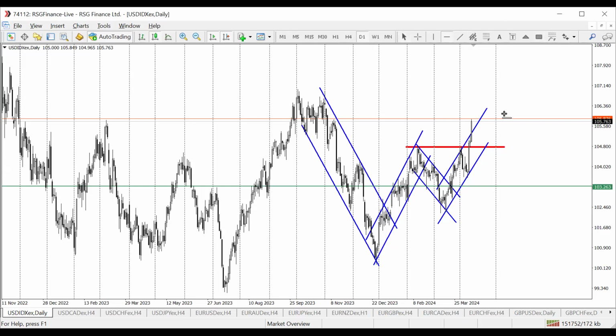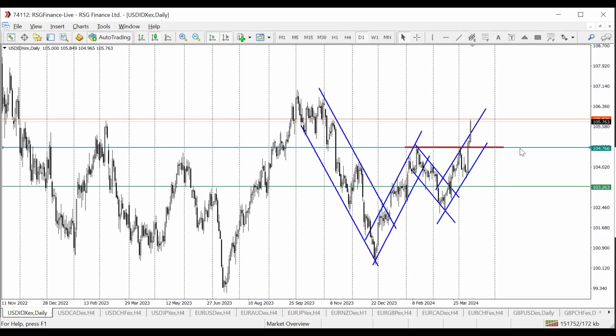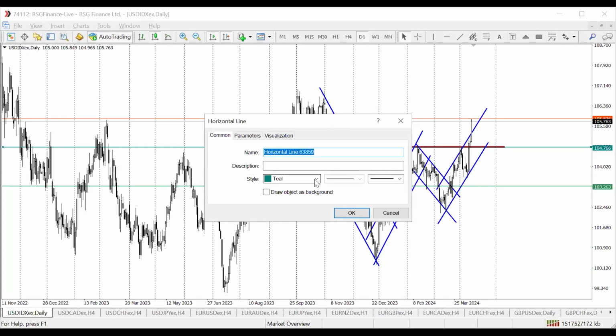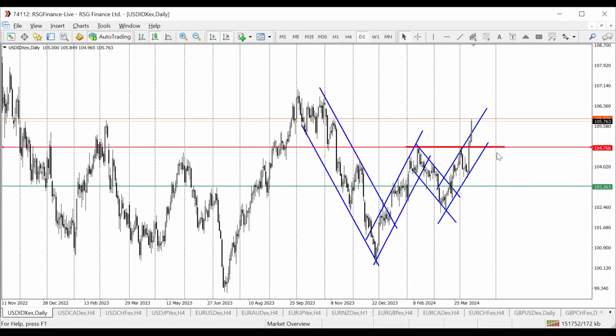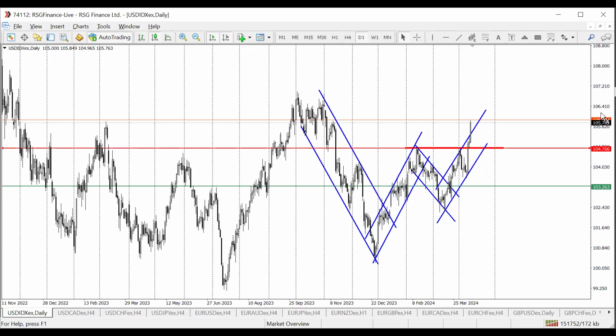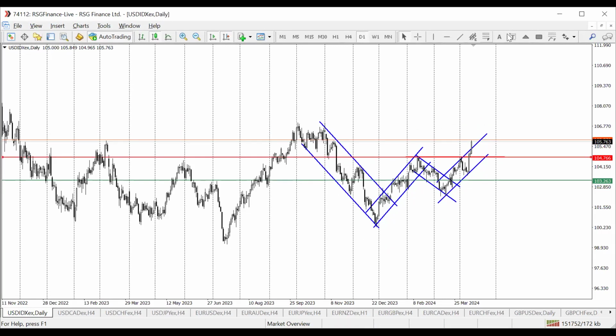Let me give you the marker. That is 104.76. Let's put it in red because there's a huge potential that price is going to come back and make a retest on this level, okay, before we proceed even higher. Because if you look closely, price is headed to take out the next high here.